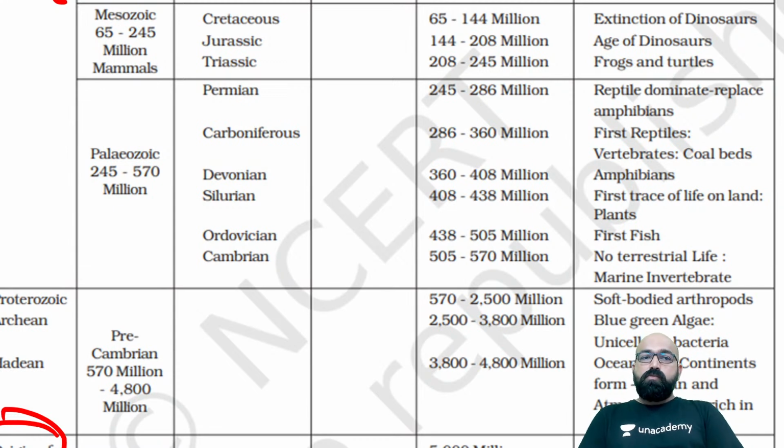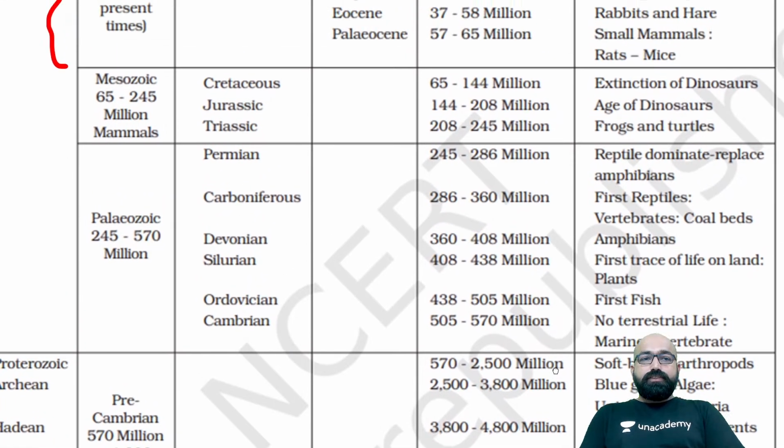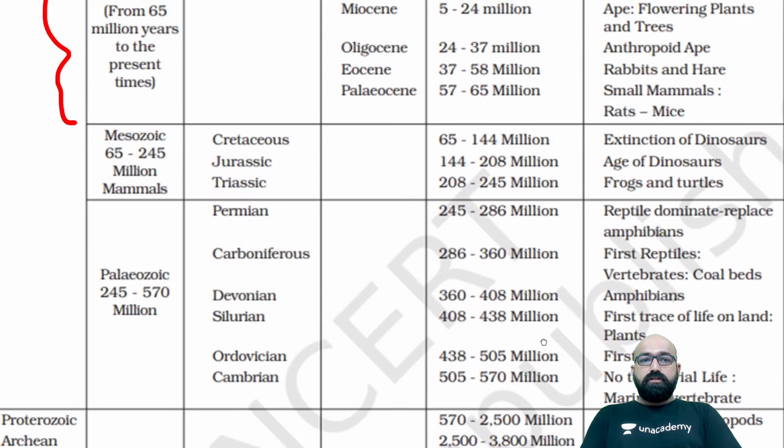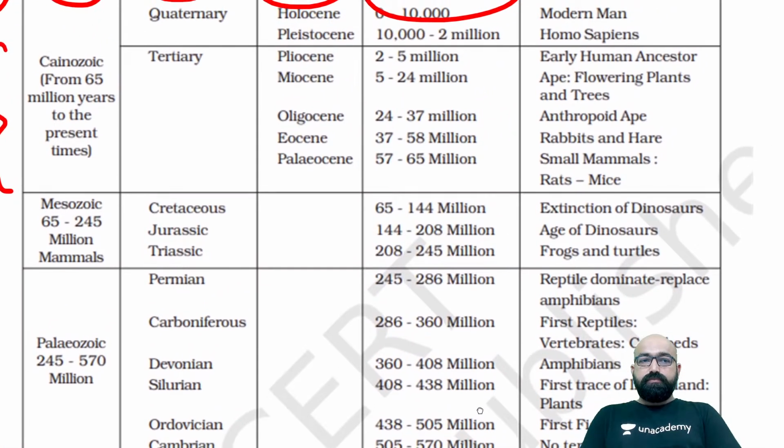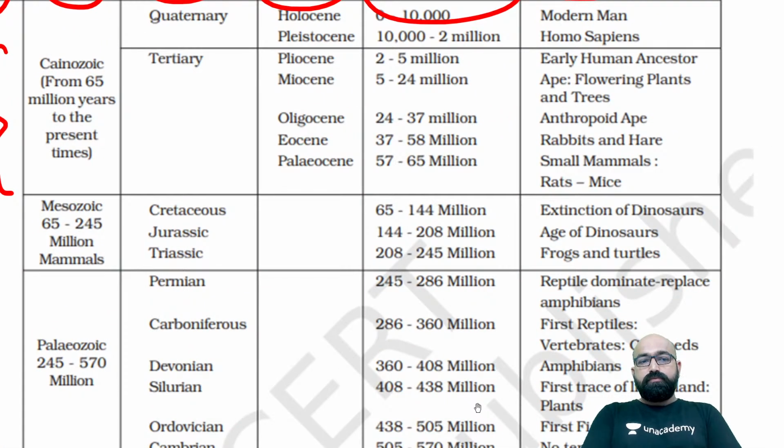Now, after that, Mesozoic era, 65 to 245 million years, mammals.